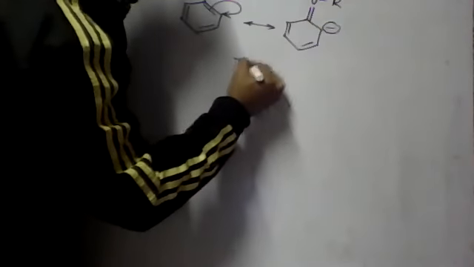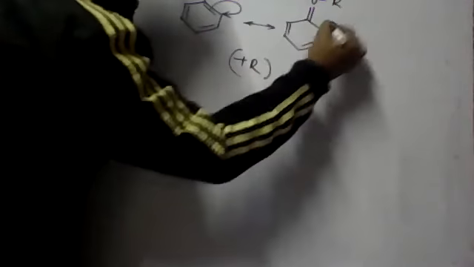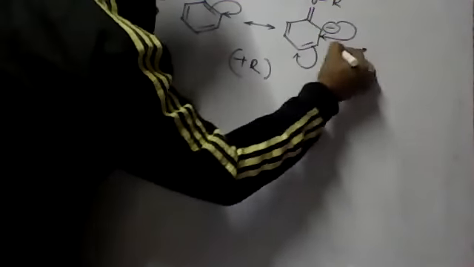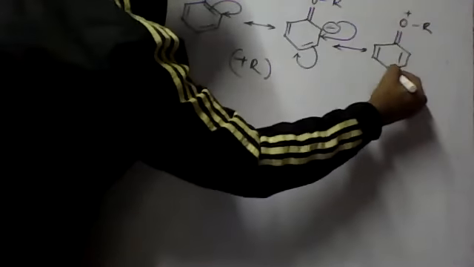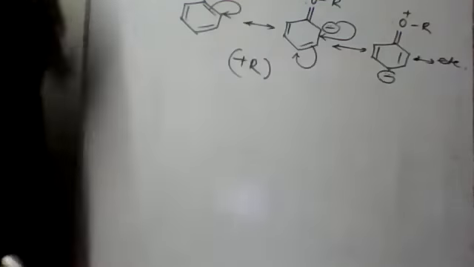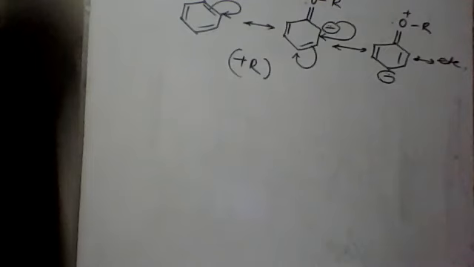Just plus R resonance you will show, one or two forms, ortho and para. This much only. Remaining, the examiner will understand what you want to say. And in the resonance form, it is seen that ortho and para acquire negative charge, so the electrophile will attack at ortho and para position.